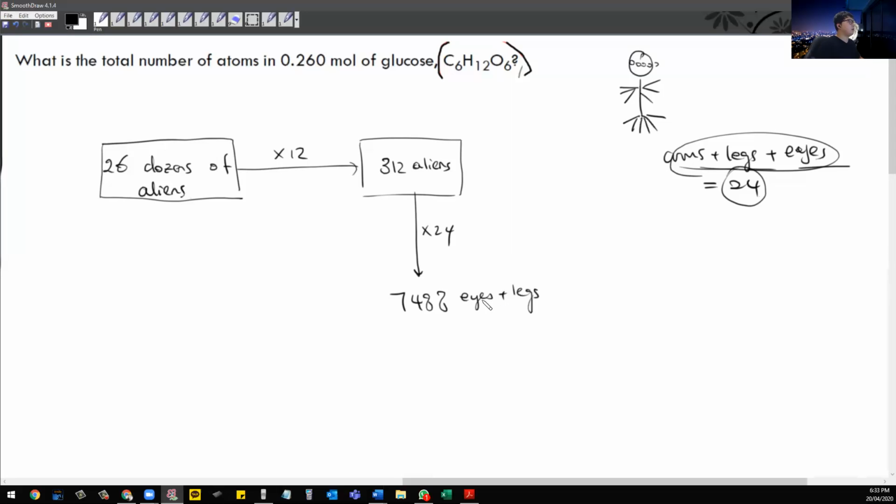We don't care how many eyes, legs, or arms there are. We just want to know the total. I'm just going to call them features. So there are 7,488 features.